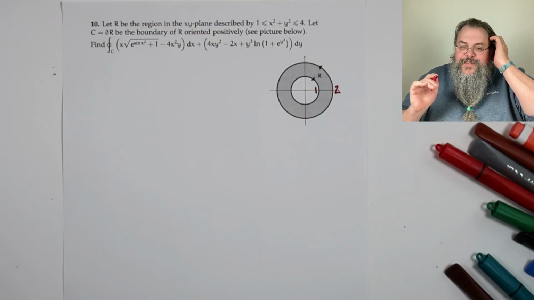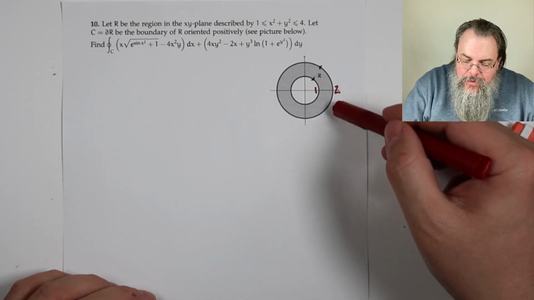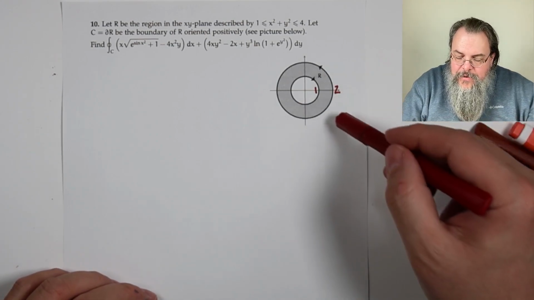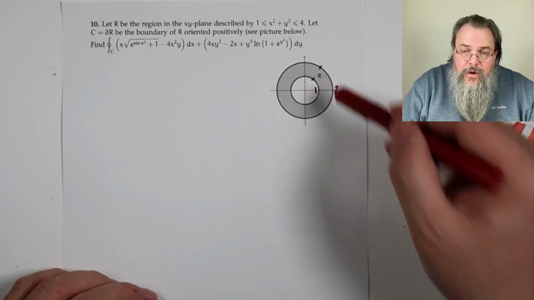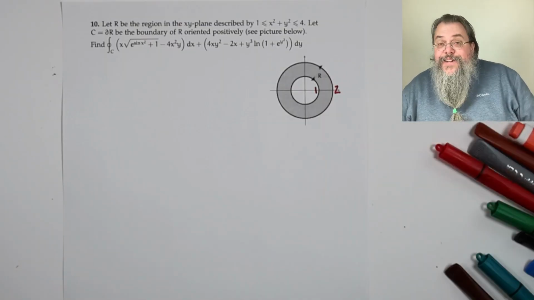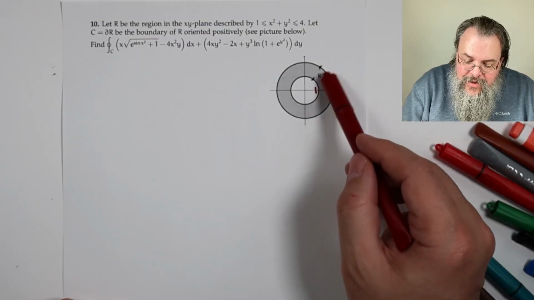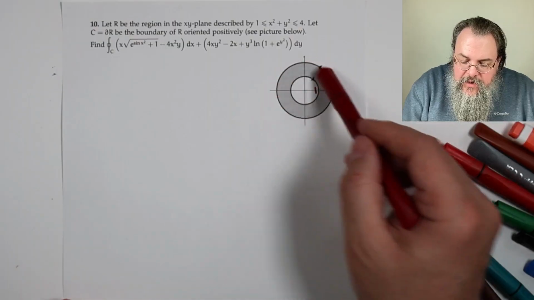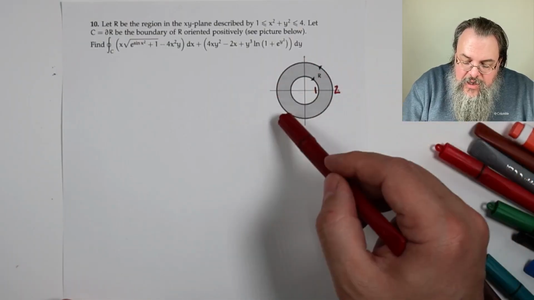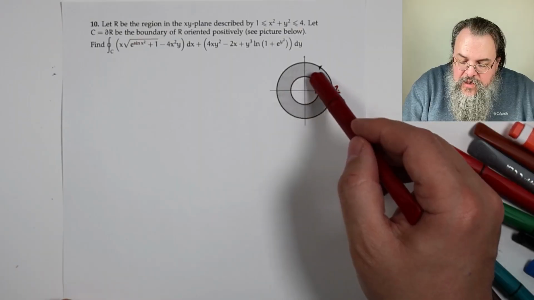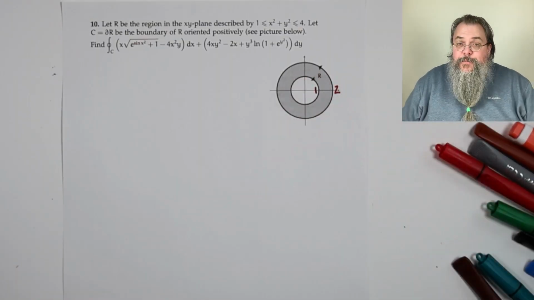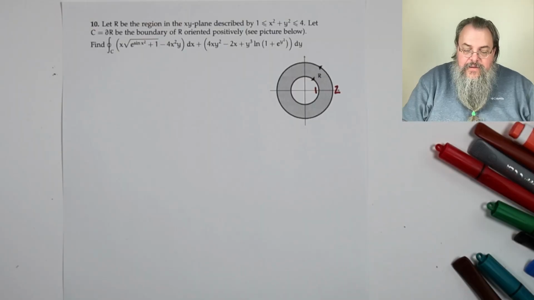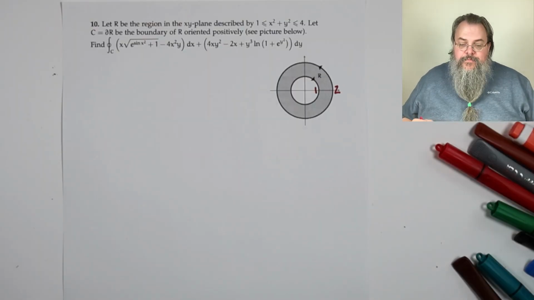Okay, what does that mean? It means that as we go along the curve, if you imagine walking, you want to keep that region to your left-hand side. And so you'll see that when we're going on the outside curve, that's correct with the orientation. On the inside curve, we have to move in the opposite way if we want to keep our region to the left. So that's the oriented positively.